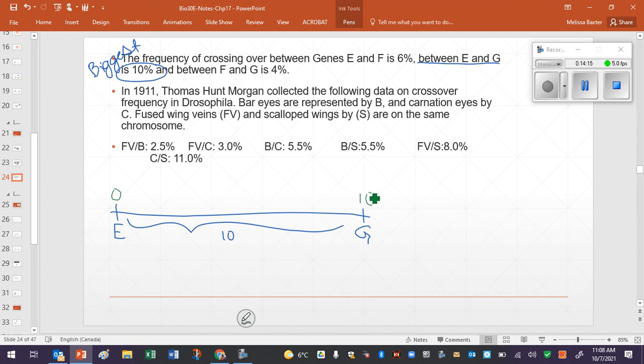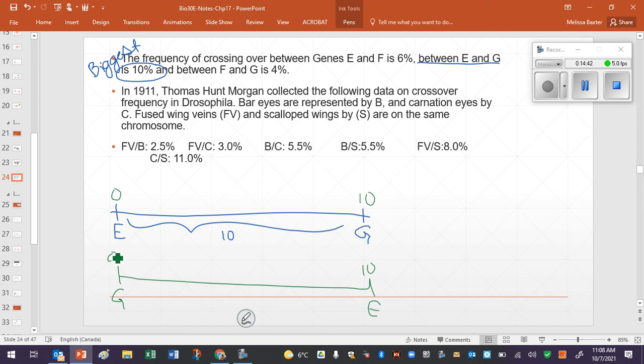Now, I put E on the left and G on the right. Did the question say that that's how it was? Nope. And I could just flip this chromosome over and it would still be correct. The fact that I put E here and G there is just because that's the way I read the question. You could very realistically have drawn this same thing by putting G here and E here.